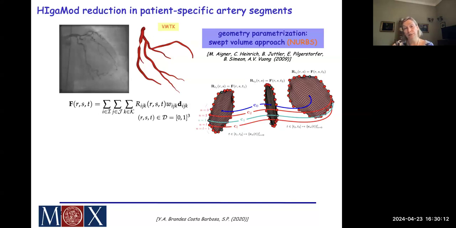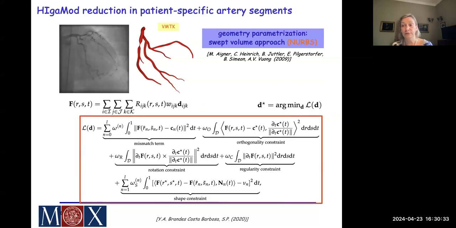So we have described this parametric volume by resorting to a parametric representation based on the so-called control points, which are collected in the vector D, and the rational splines, which are represented by this function here. And the idea is to identify the NURBS volume via a variational approach. I mean that we minimize an objective functional denoted by L, which combines essentially a standard mismatch contribution with geometric constraints.